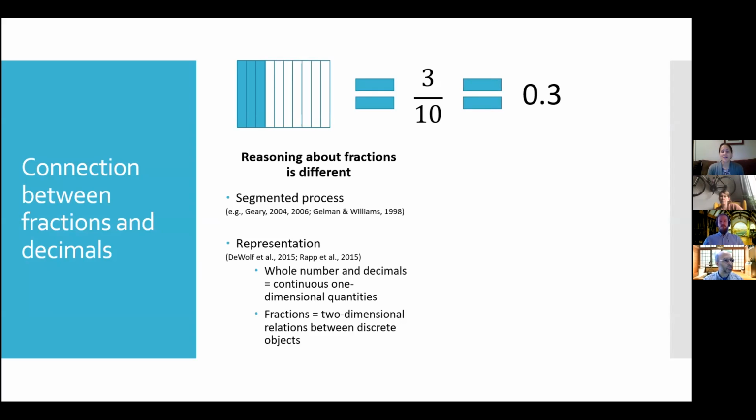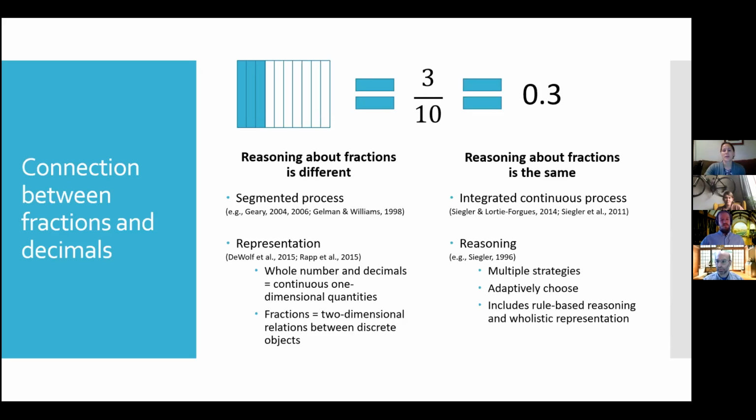They found that whole numbers and decimals were represented as continuous one-dimensional quantities, like liquid in a soda bottle, contrasted with fractions, which are two-dimensional relations between discrete objects. Having those 2 numbers there would be more like thinking about candies in a box, so there are parts of a whole.